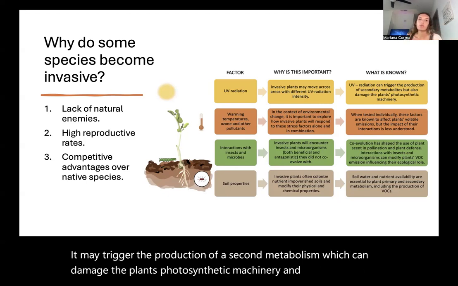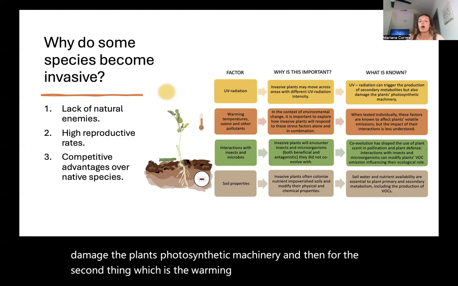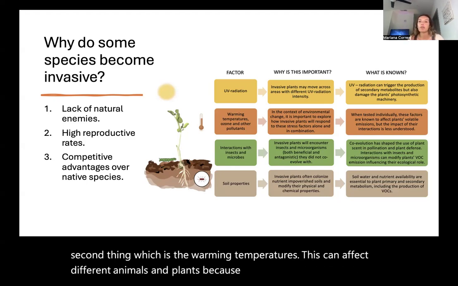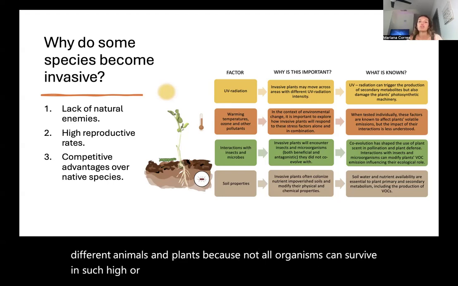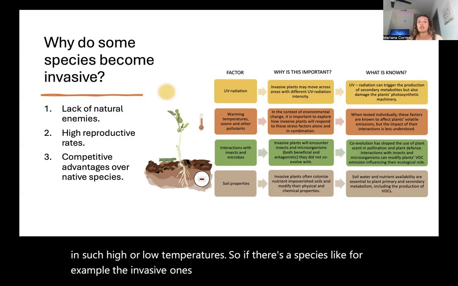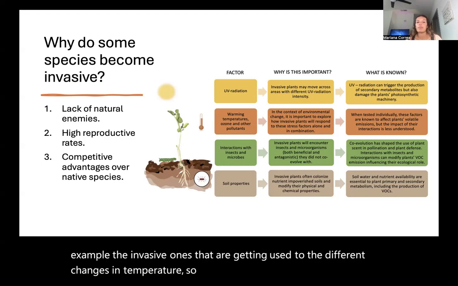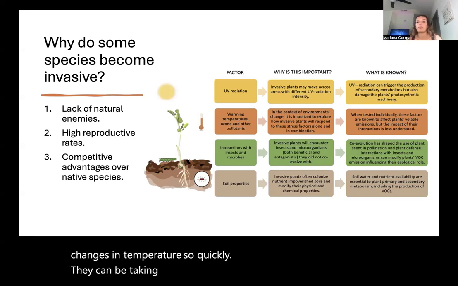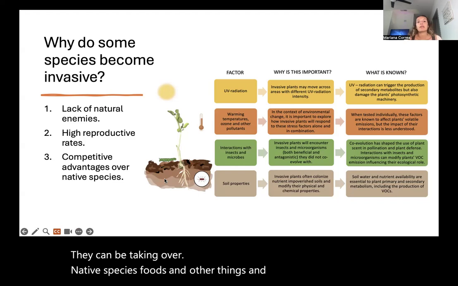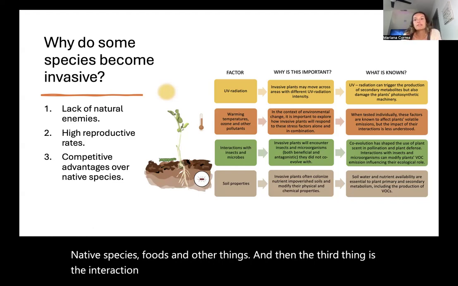And then for the second thing, which is the warming temperatures, this can affect different animals and plants because not all organisms can survive in such high or low temperatures. So if there's a species, for example the invasive ones, that are getting used to the different changes in temperature so quickly, they can be taking over native species' foods and other things. And then the third thing is the interaction with the insects.